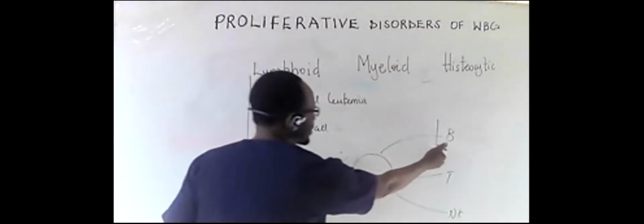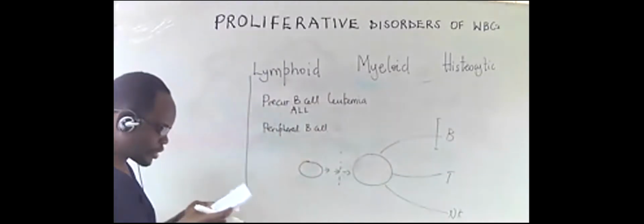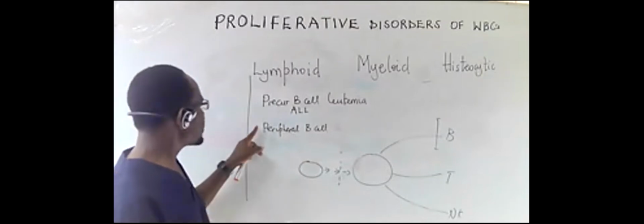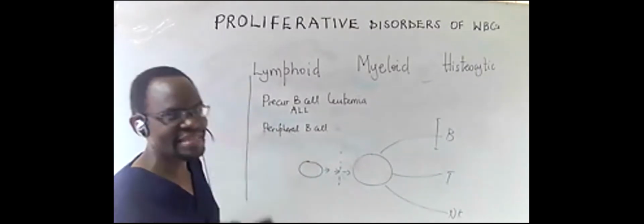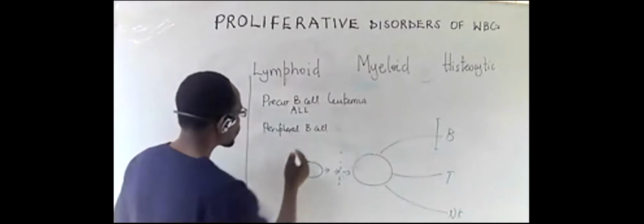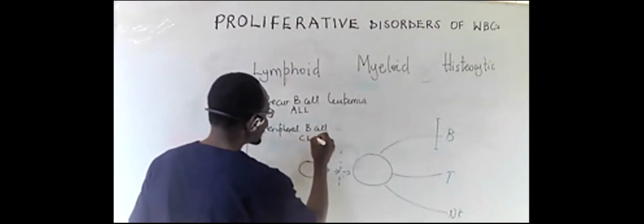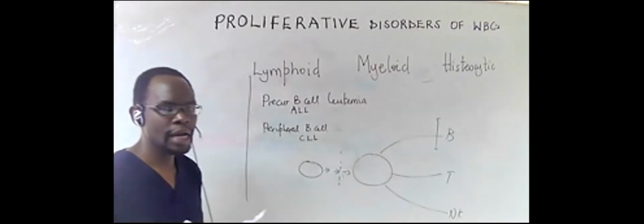So in peripheral B cell, the arrest is around that point. And so, would this be acute or chronic? Yes, it would be chronic. So this is where you find things like chronic lymphocytic leukemia.